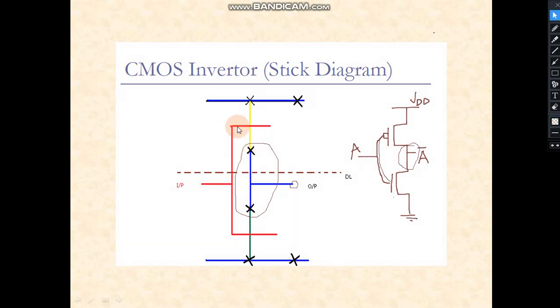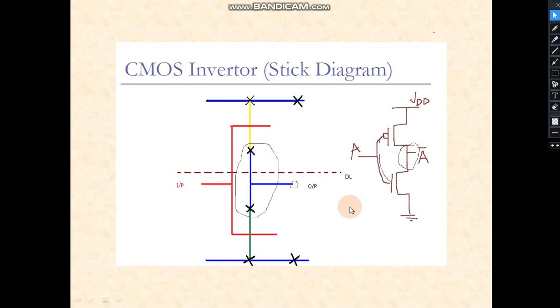The PMOS gate and NMOS gate are both the same, and we have applied our input at this point. So this demarcation line is basically above the output metal line, from which we are getting our output. So the demarcation line is always above this metal line, and it is used to differentiate PMOS and NMOS.